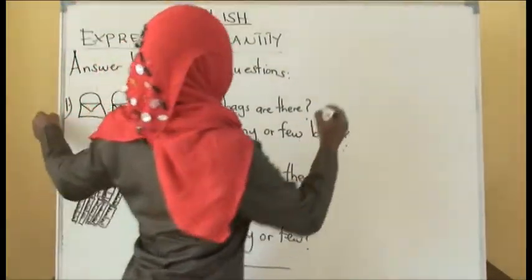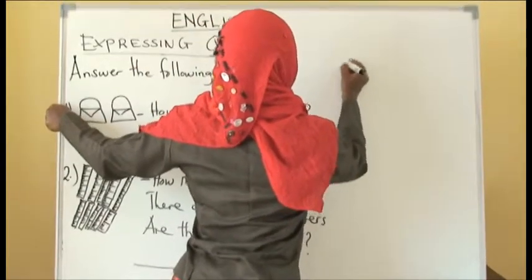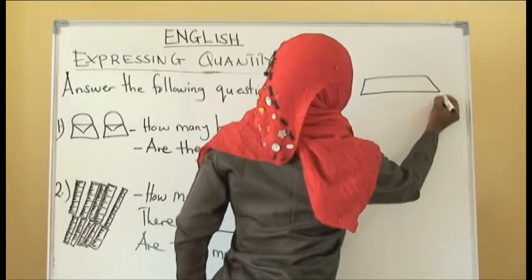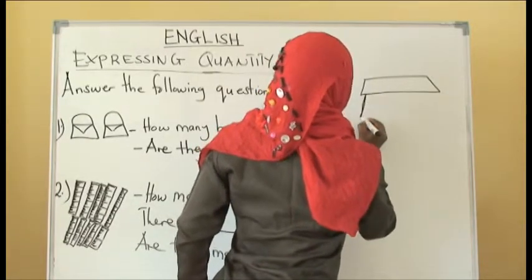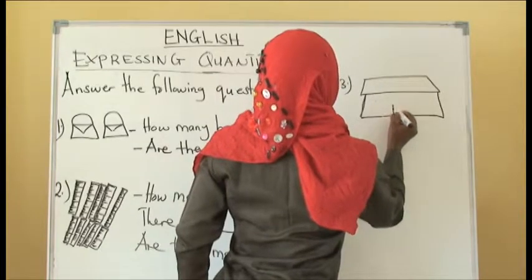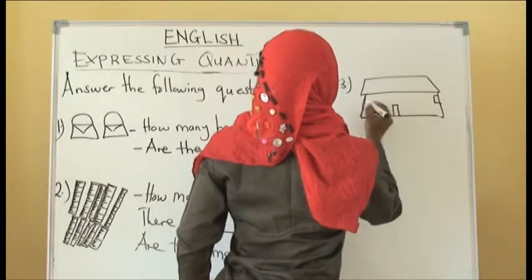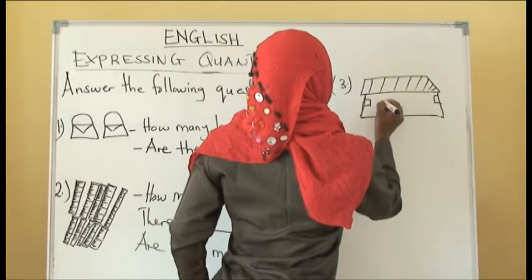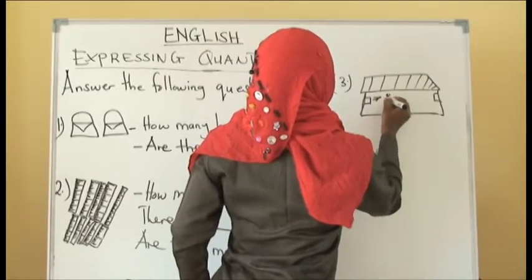Then the last question, question number 3 here. We have a house. And these are insects.